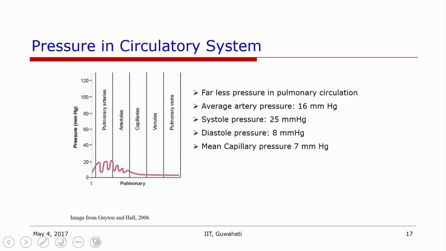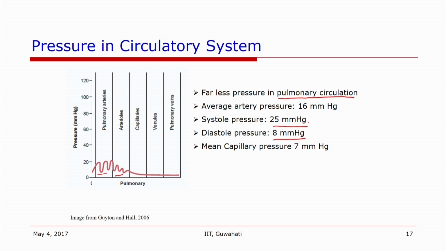In the pulmonary system, the trend of the pressure is the same. You might see that the pressure is pulsatile in the pulmonary arteries as well as arterioles, and the pulsatile nature is gone in the capillaries. However, the magnitude of the pressure is low.